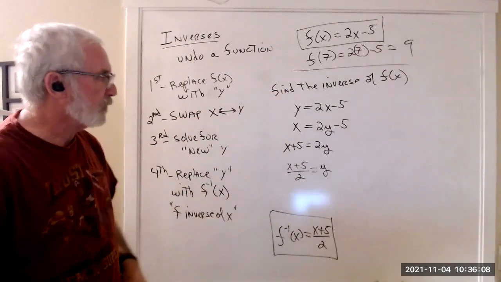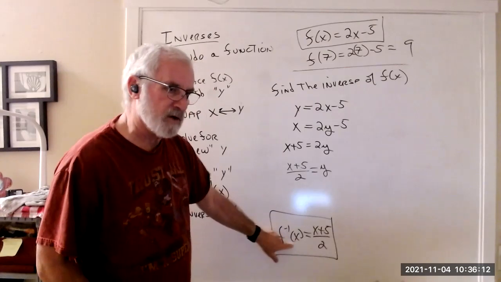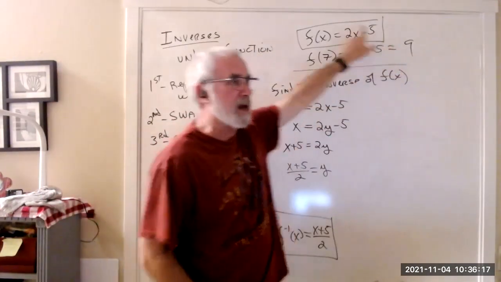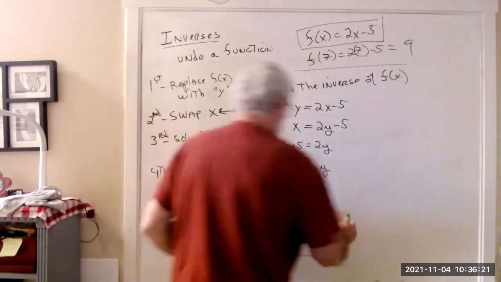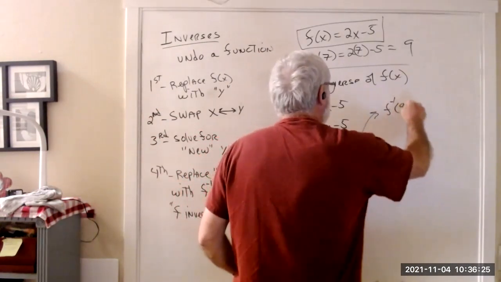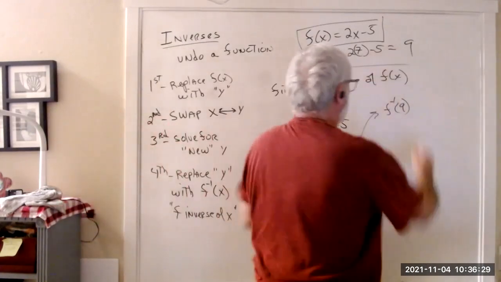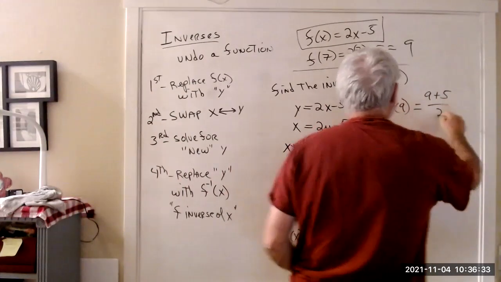Okay. And just for fun, does this function, f inverse, take the 9 and turn it back into a 7? If I take f inverse of 9 here, the answer is going to be 9 plus 5 over 2.